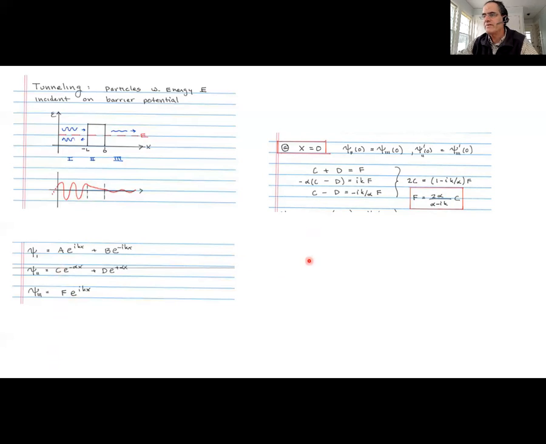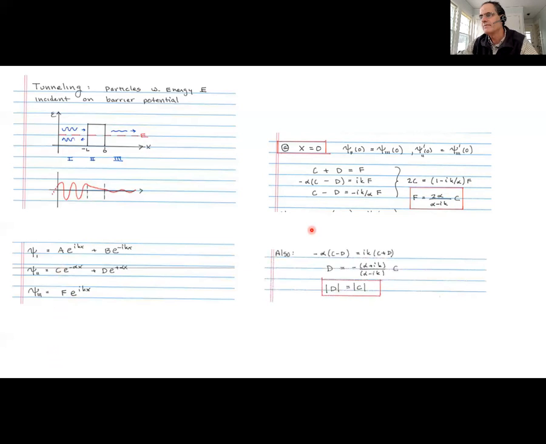Now, as we're doing this, there's one other thing I want to show you. This is kind of a detail, but it'll be important in a moment. Looking back at this, you can see that minus alpha times (c minus d) is equal to ikf. But the other way we could have done this would be to combine this expression with the first one to eliminate f. Then we get minus alpha (c minus d) is equal to ik times (c plus d).